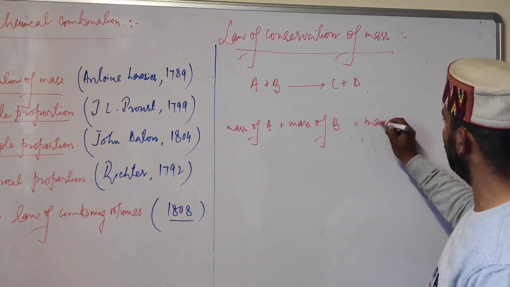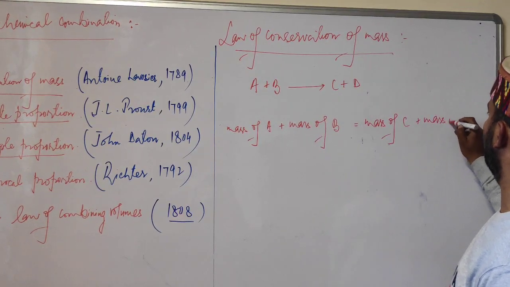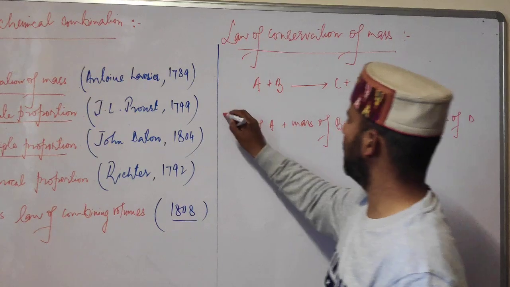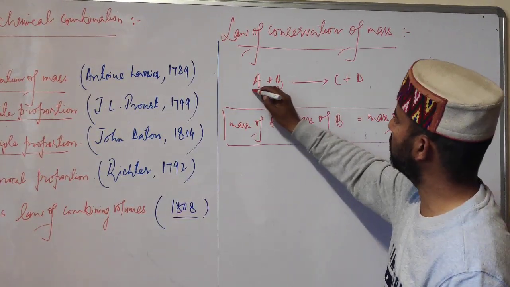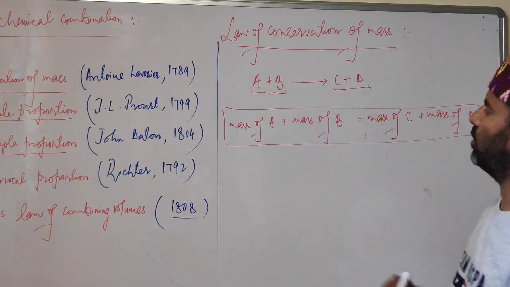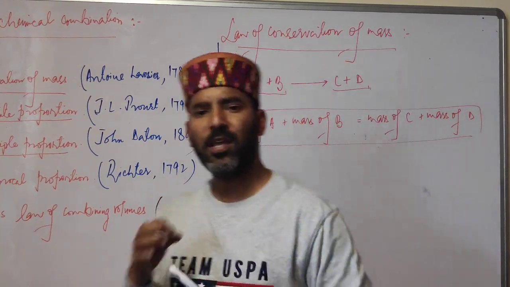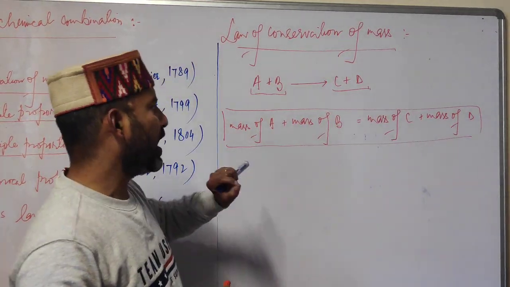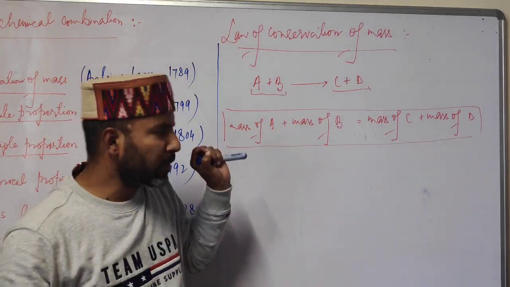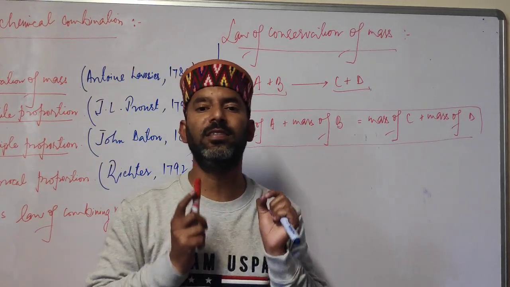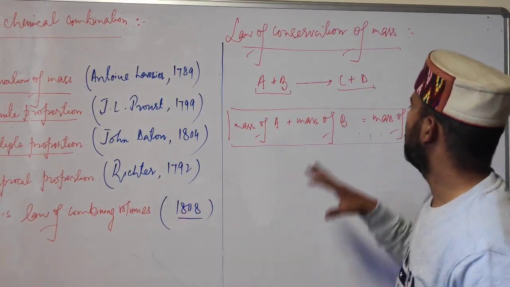So it is equal to mass of C plus mass of D. So if this is a hypothetical chemical equation, then we say the total mass of these two reactants must be equal to the total mass of these two products. Now students, this means that matter can neither be created nor destroyed, or simply we say mass remains conserved. That is why we call this law of conservation of mass.